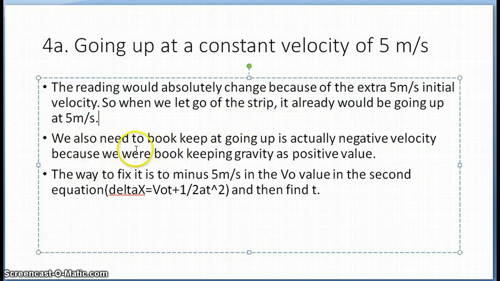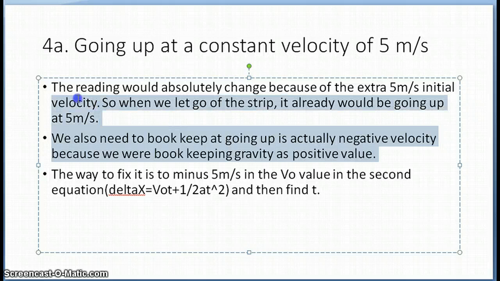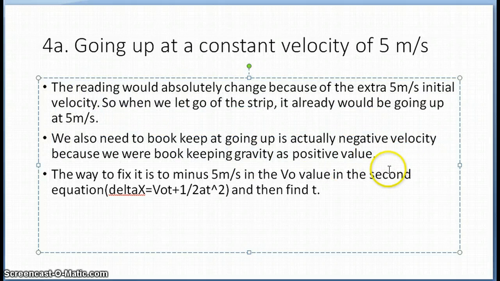And we will be keeping it as a negative velocity because the delta x is downward. We are also keeping the gravity as a positive value. And so for the elevator to go up, which is in the opposite direction, anti-parallel to our delta x, it must be a negative value.